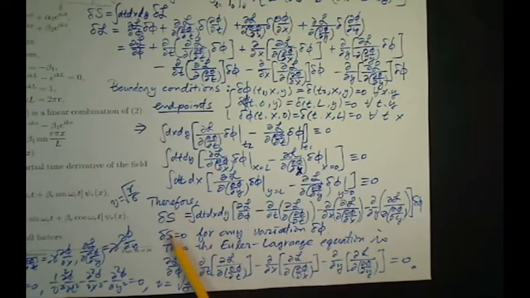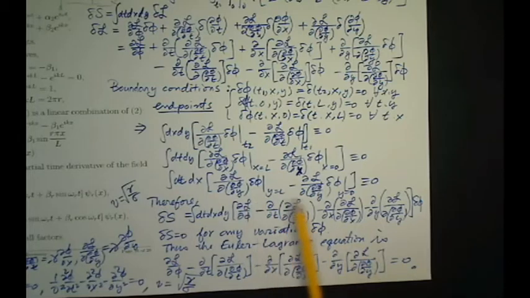We end up with the variation of the action to be the three-dimensional integral. This linear combination of 4 terms multiplied by the variation of the field. Hamilton's least action principle states that the variation vanishes for arbitrary variation of the field.